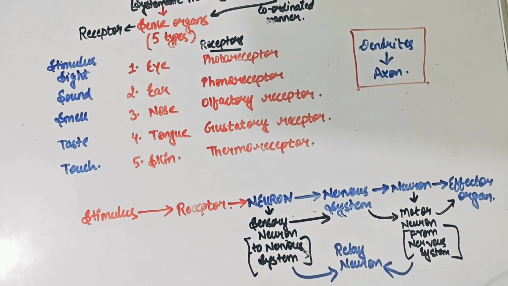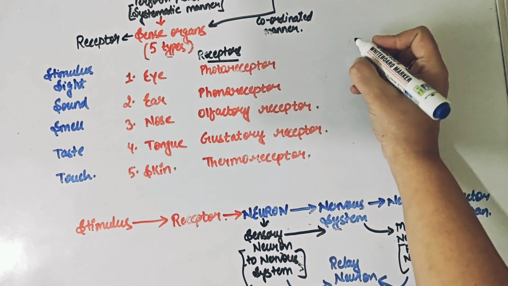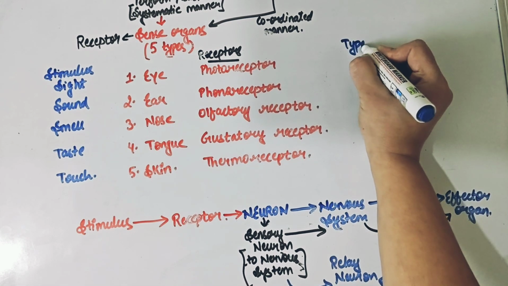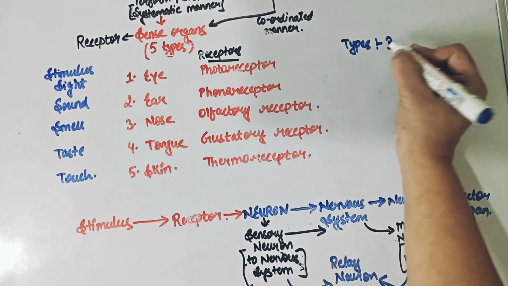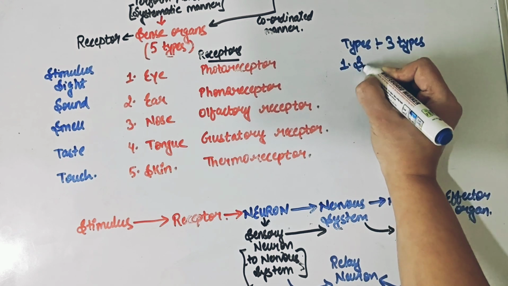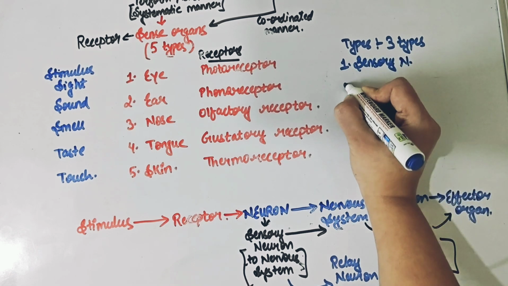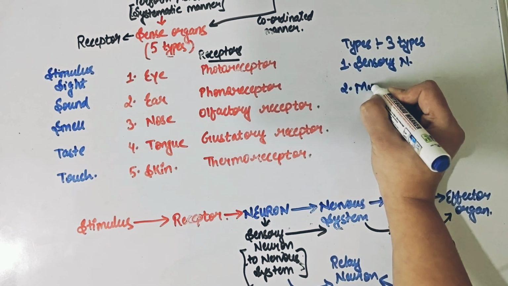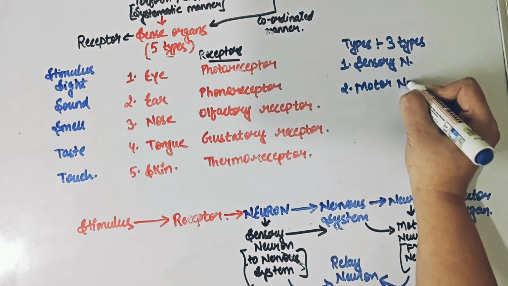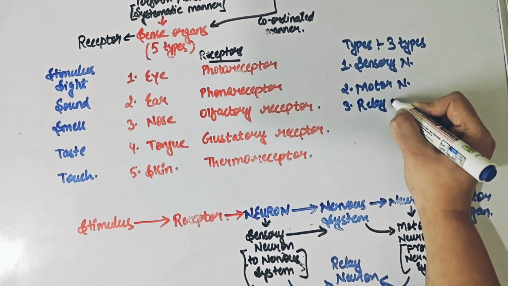Whenever we study the different types of neurons, there are mainly three different types of neurons in our body. One is known as sensory neuron. Second is your motor neuron. And the third is your relay neuron.